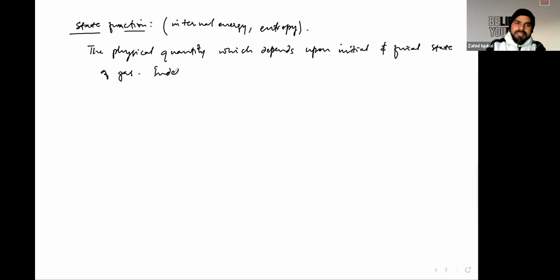It will be independent of the path followed by the gas. It is called a state function. Is it clear, Padma?